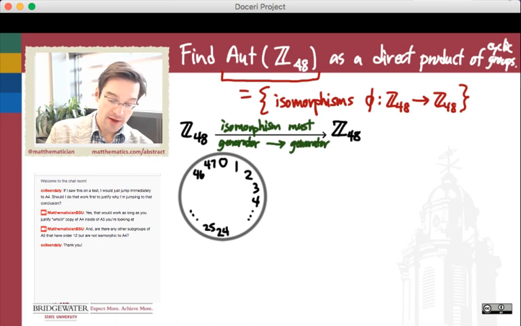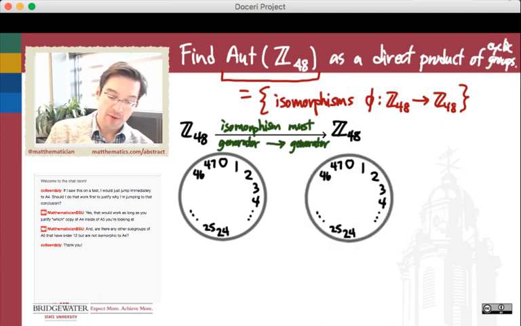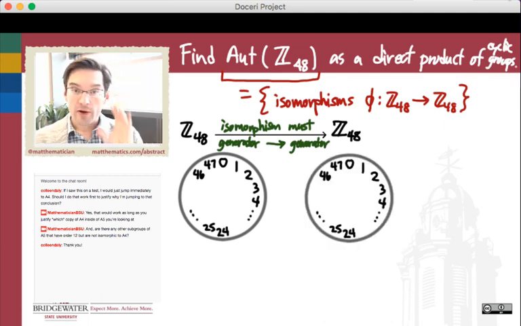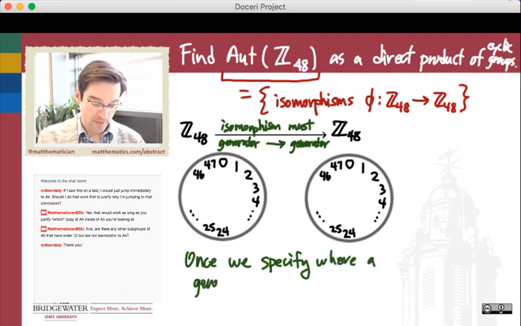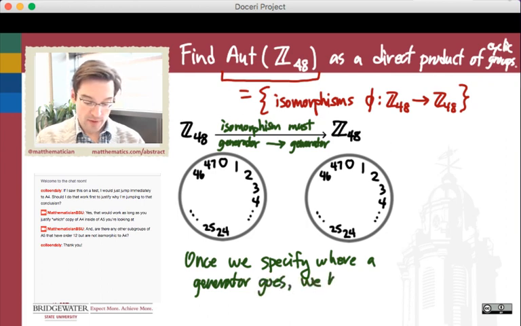So if my question is how many different such isomorphisms exist, my isomorphism is going to be completely determined by where a generator goes. That's probably the most important thing to know about isomorphisms of cyclic groups: once we specify where a generator goes, we know the entirety of phi.